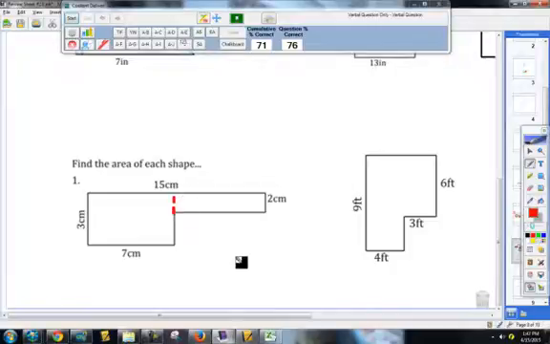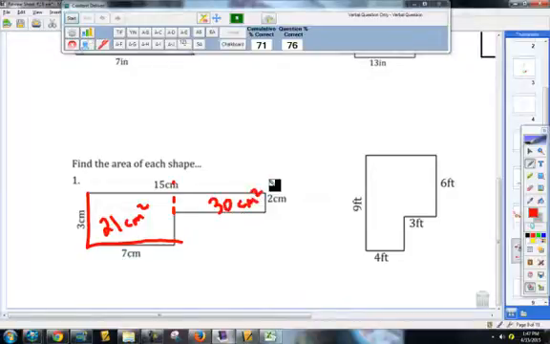And the people that got 51, I can show you what you did. You did your 3 by 7, and that's 21 centimeters squared. And then they did 15 and 2, and got 30. So you 2 people that had 51, let me see who you are. You 2 people that did that, understand that the distance, guys, please listen, from right there to right there isn't 15 centimeters.